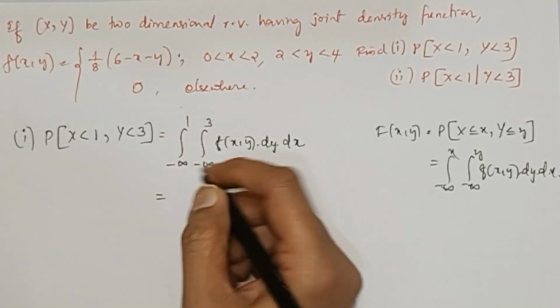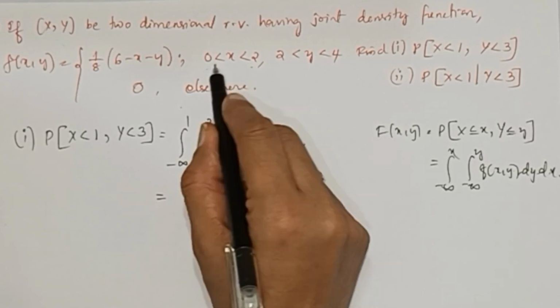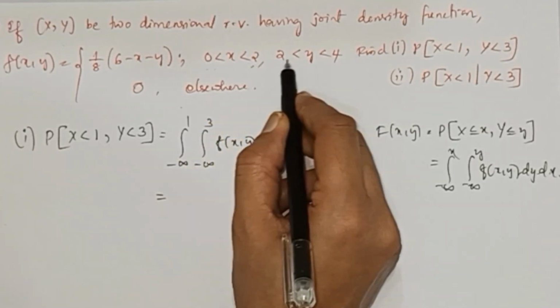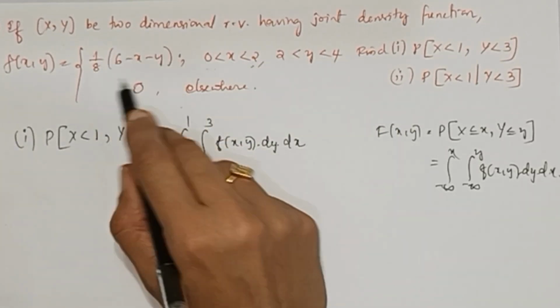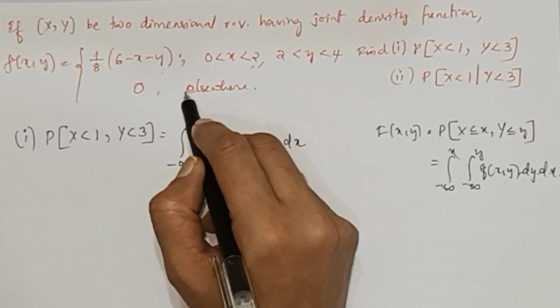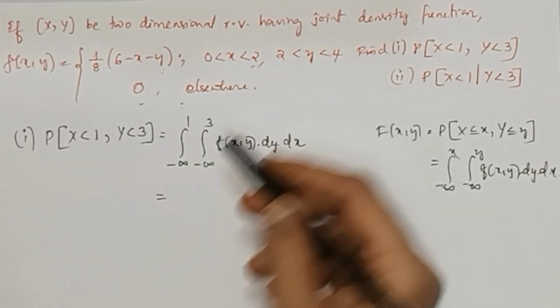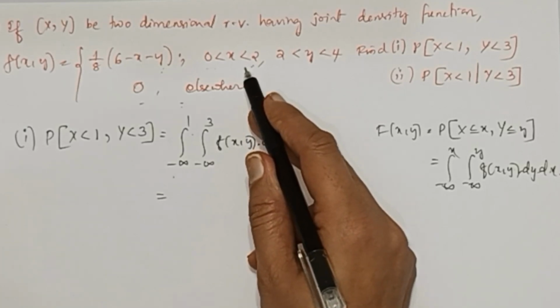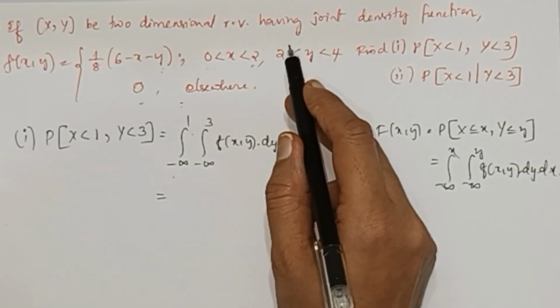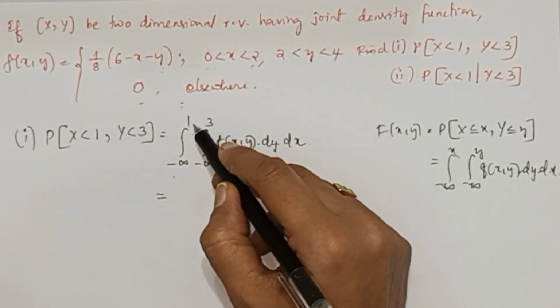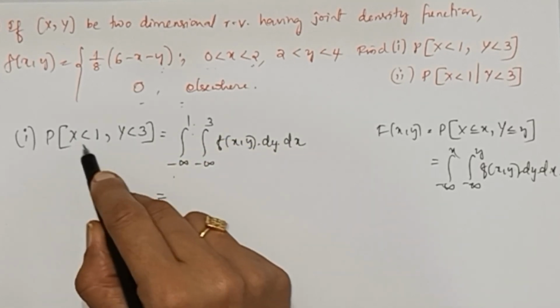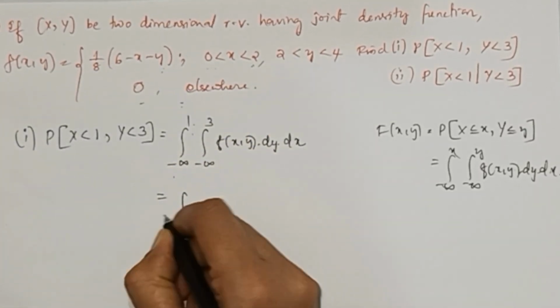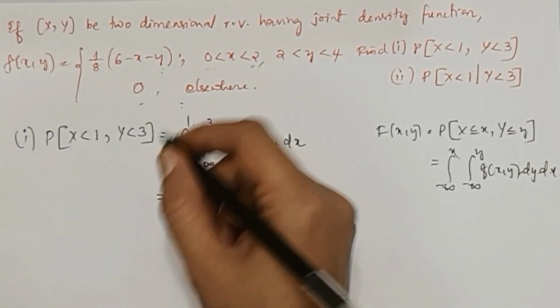So this is equal to, here if x is in between 0 and 2 and y is in between 2 and 4, then only the joint density function is this. In all other cases it is 0. So minus infinity to 0, then 0 to 1 you have. 1 to 2 is not required here because x is less than 1. So here I'll have minus infinity to 0, then 0 to 1.